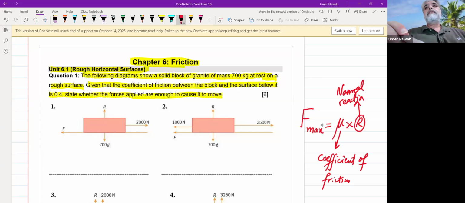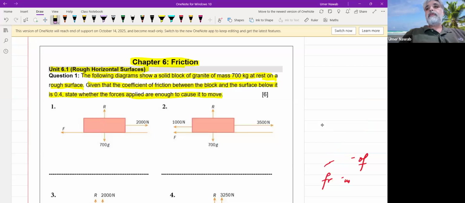A normal reaction is basically connected with the weight of the body, or it is the contact force. Now, we have different diagrams given to us, and the examiner is asking us, will the particle move or not?